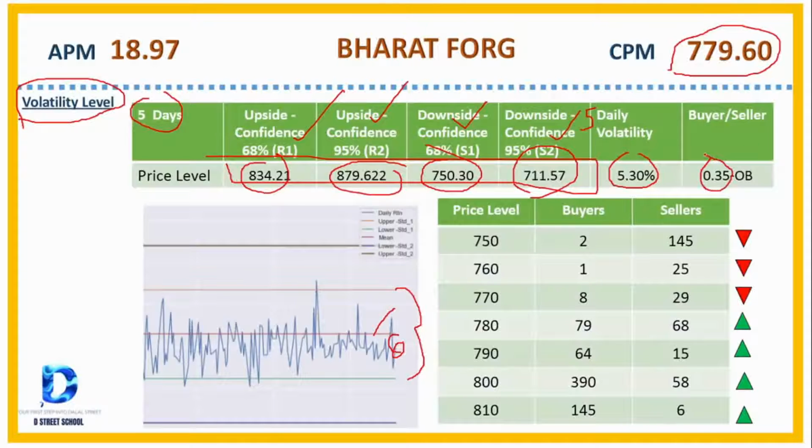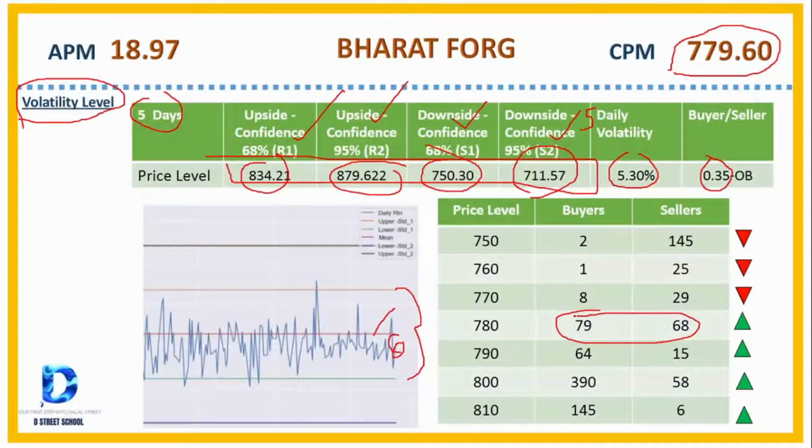It clearly states the stock is overbought. You can expect the stock will reverse for the next few trading sessions. Since the stock is in the overbought range, you can also see the different buyers' and sellers' strength at different price levels. Below 780, sellers have the upper hand.